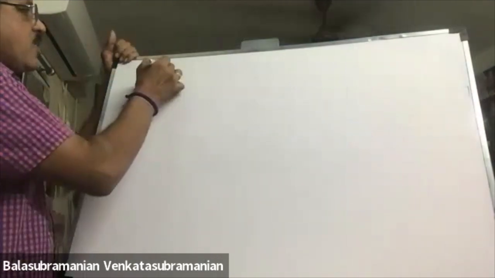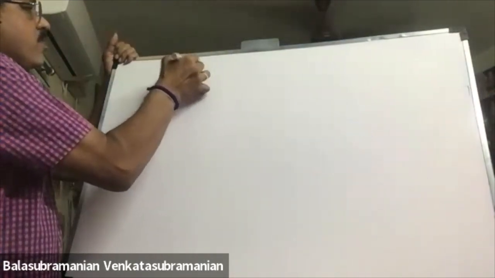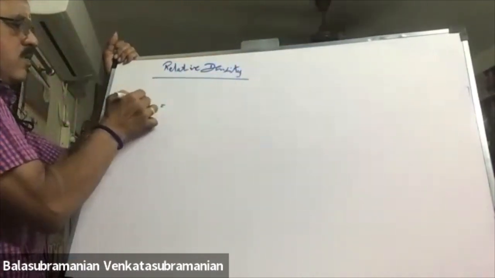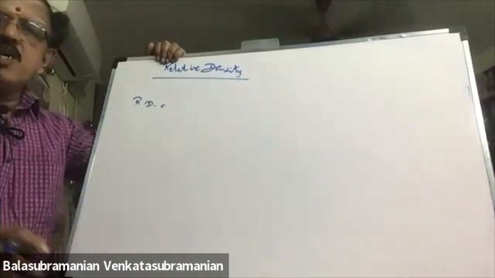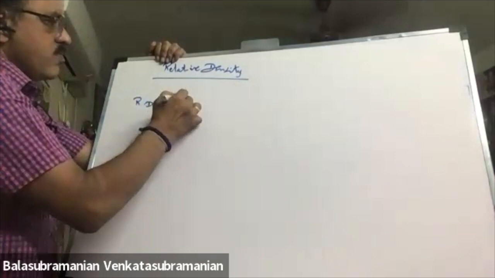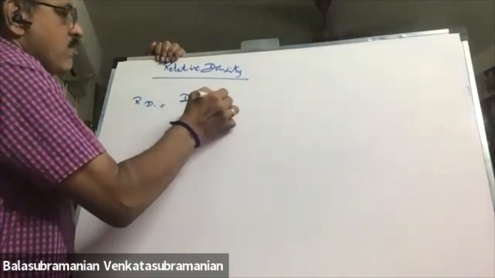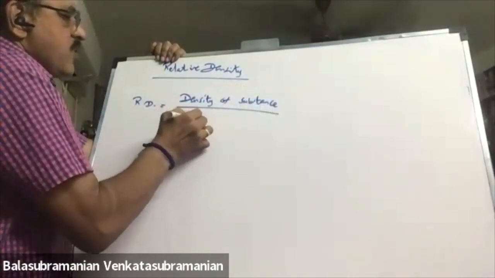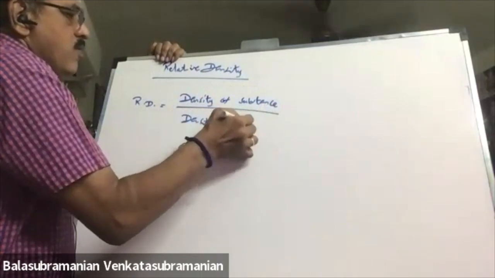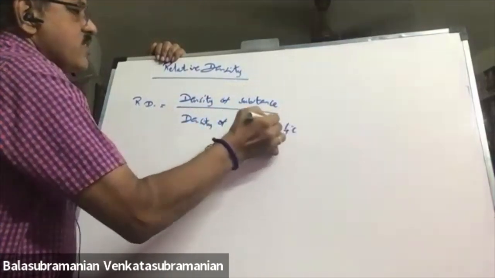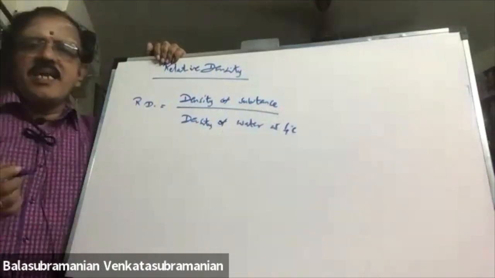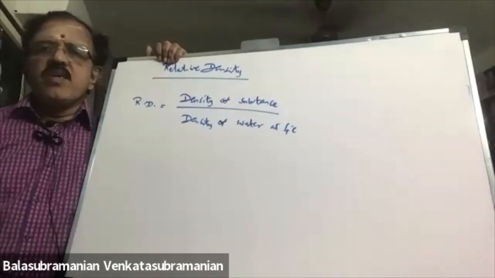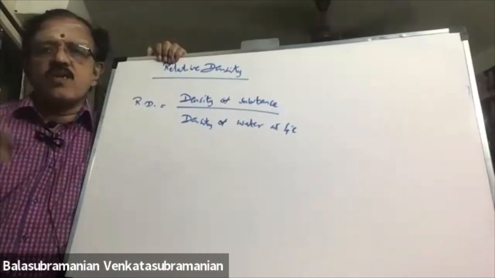Next, relative density. Density of a particular substance by density of water at 4 degrees Celsius. Generally, any formula if you take regarding relative density, everybody will say density of substance by density of water only.